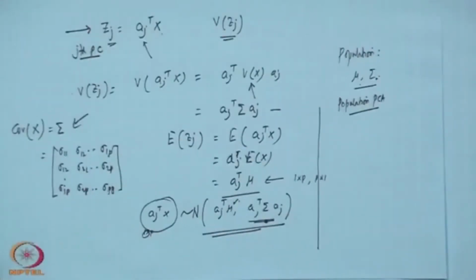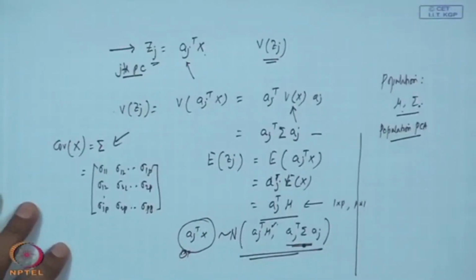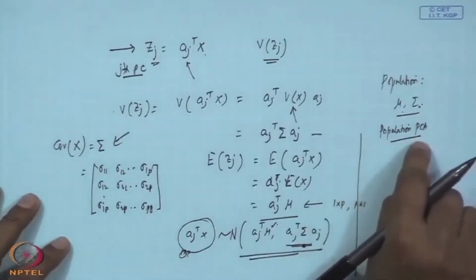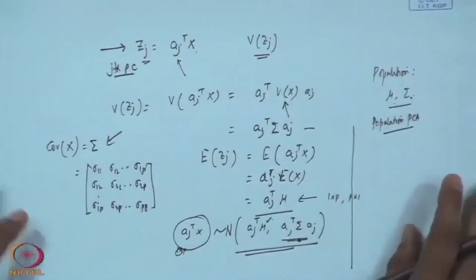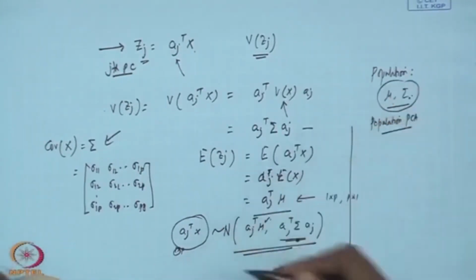Getting what I mean to say? If you know mu and sigma of the population for the x variable case, then you are doing population principal component analysis, but it is seldom known. You will not get these two values.